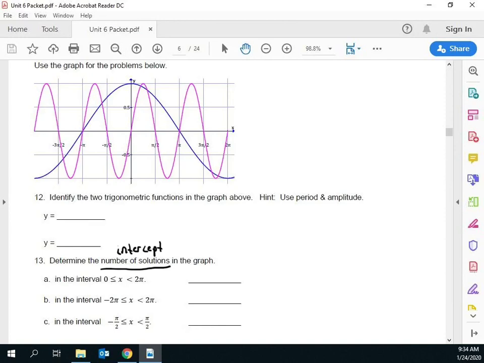Well, 0 to 2 pi is from here out to here. How many times do the two graphs cross each other? 1, 2, 3, 4, 5. Answer is 5.